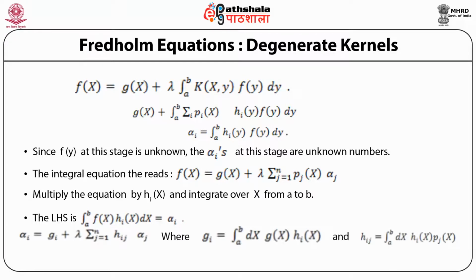Thus we get alpha_i is equal to g_i plus lambda, a sum over j equal to 1 to n h_ij alpha_j, where g_i is this integral from a to b of dx of g(x) and h_i(x), and h_ij is an integral over dx between the limits a to b of the product of the function h_i, which is a function of x, and the function p_j, which is again a function of x. So h_ij is also a number.